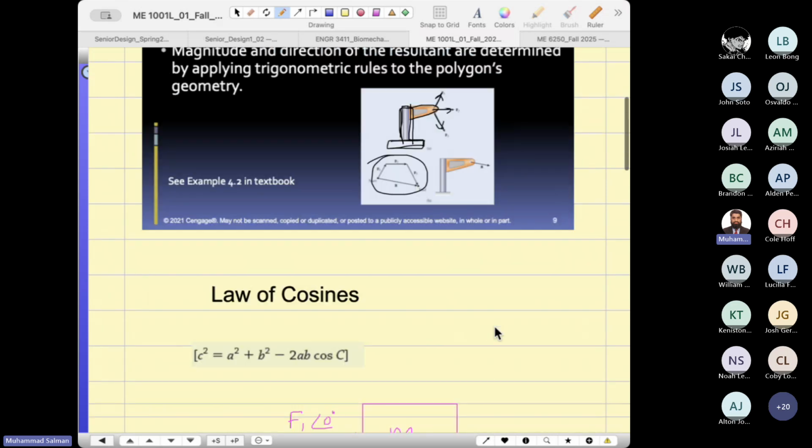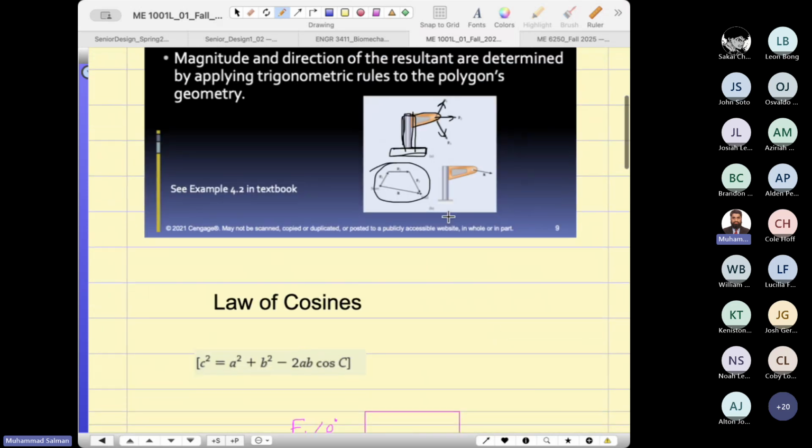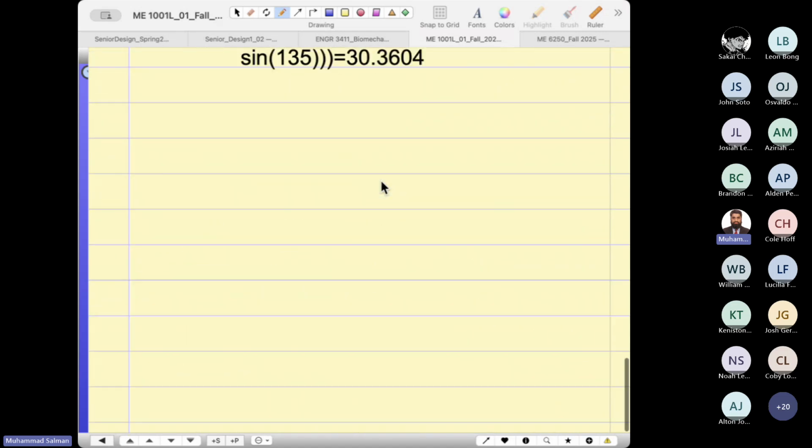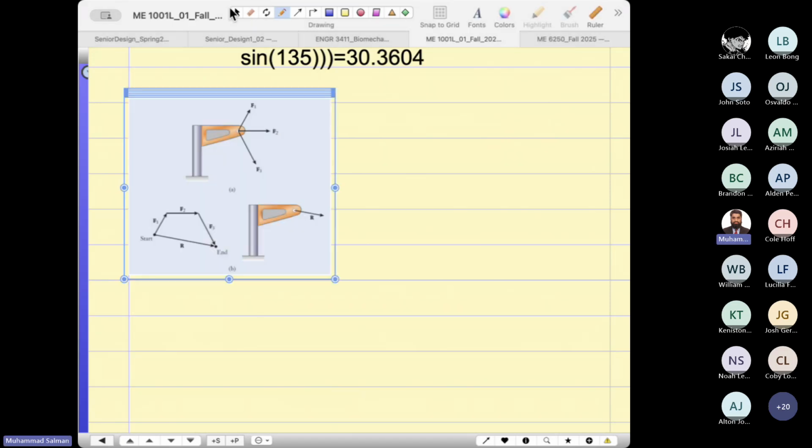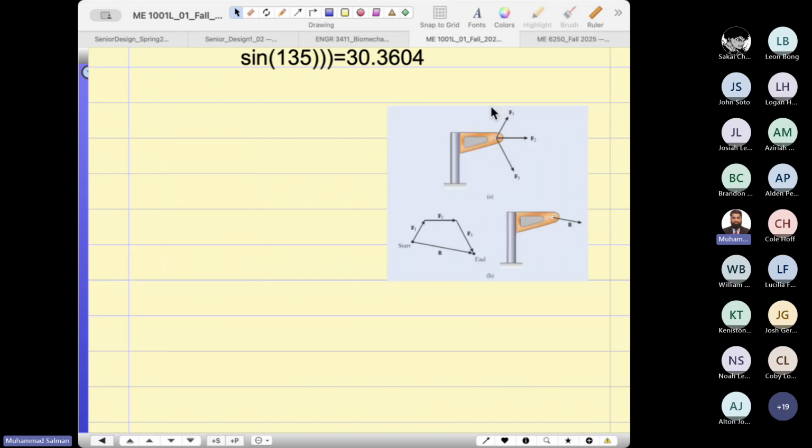So what if you have more than two forces? It's not a big deal. Let me show you. If you have a case in which there are more than two forces, how will you use the law of cosines and law of sines?